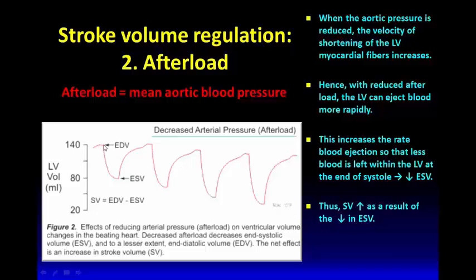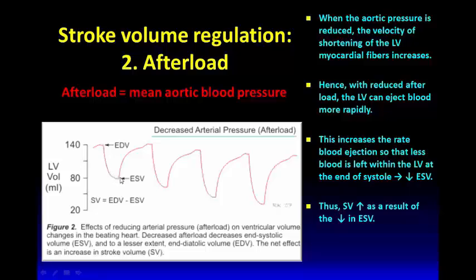This is the end diastolic volume with normal left ventricular afterload, and this is the end systolic volume with normal left ventricular afterload, and this is the ejected volume, the stroke volume.